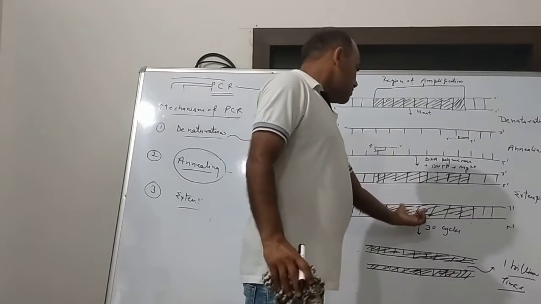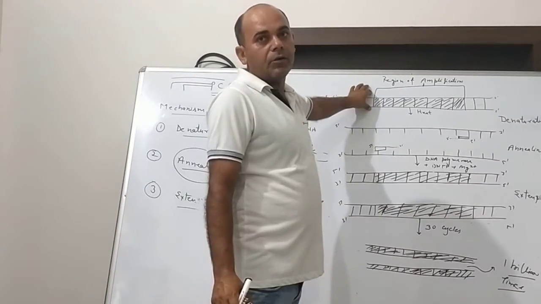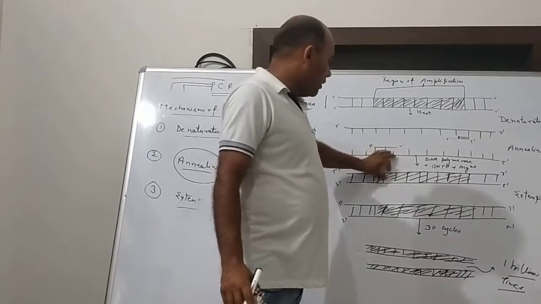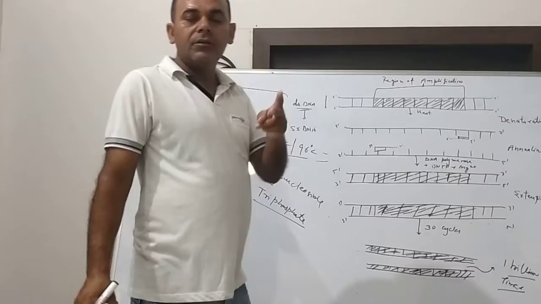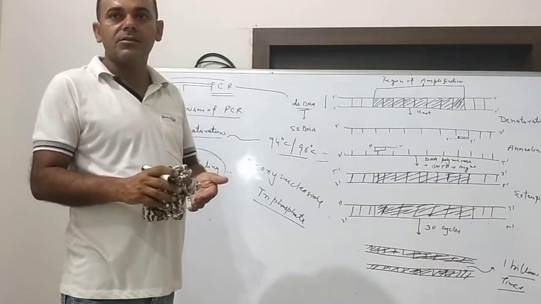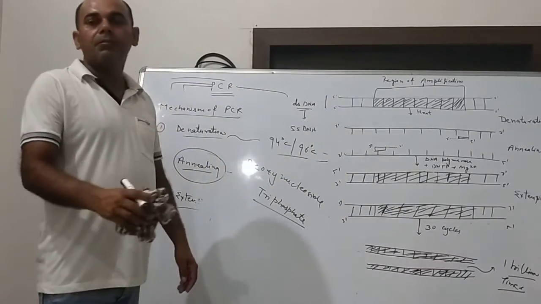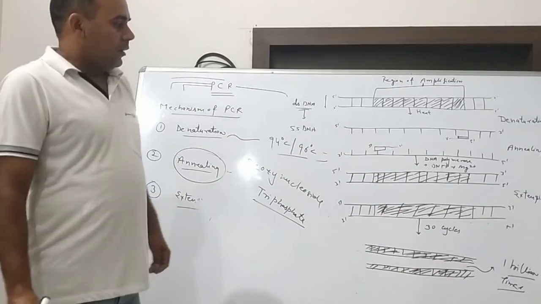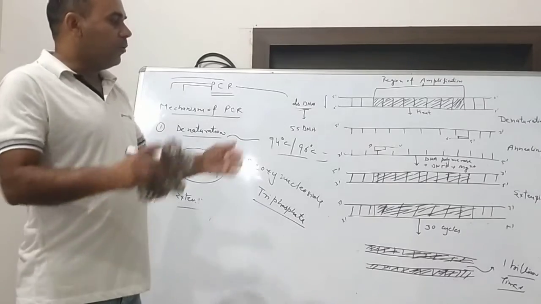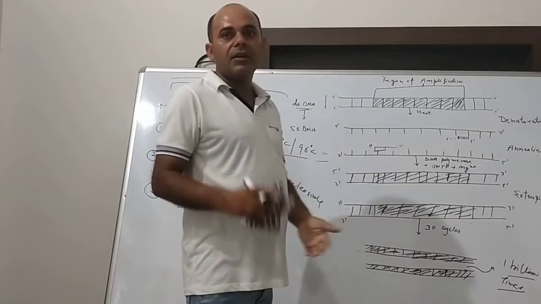It means within some time, from one mother DNA template copy we can make one and one, two copies. This is called DNA duplication, DNA replication. When 30 cycles of this PCR are completed, how many copies of a gene of interest, a DNA fragment, can be obtained?